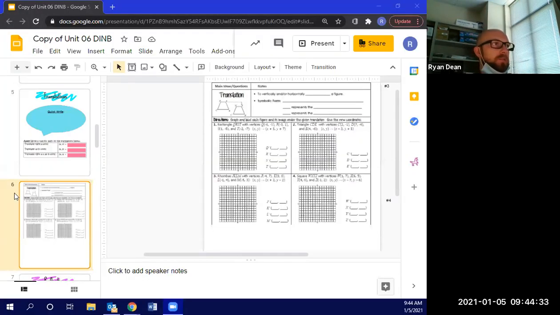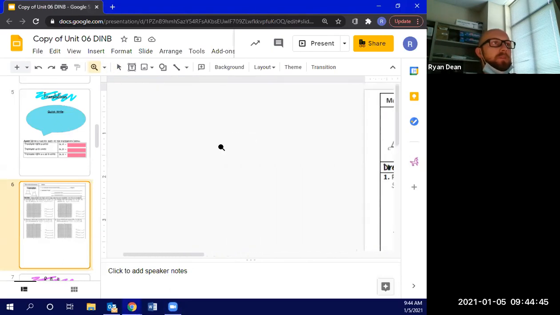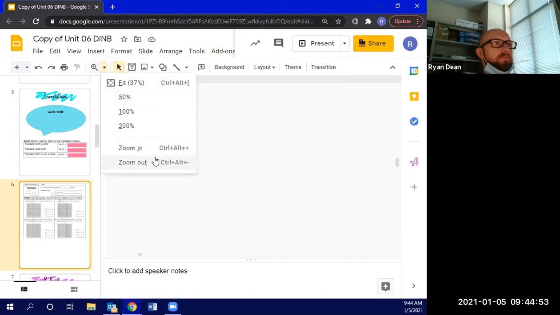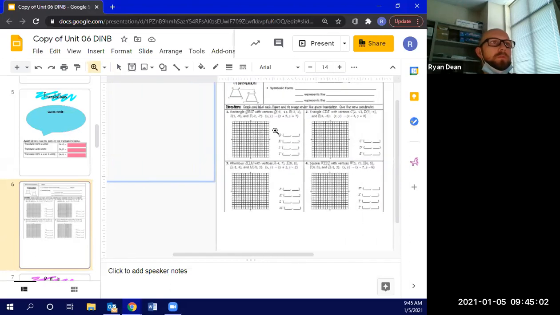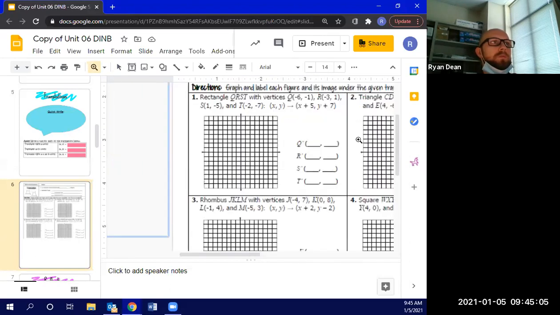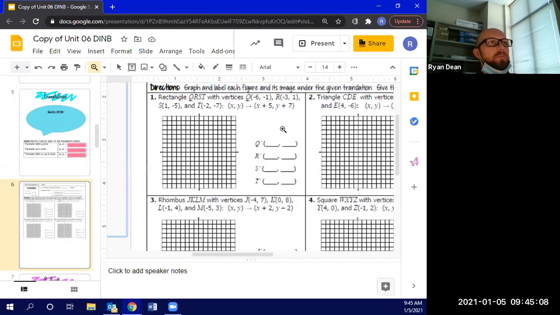All right, so now we're down here on slide 6. We're going to take a look at the mathematical ways to complete these translations. I've given you some space over here to type all your work into. There's a box for each question. What we're going to do here is talk about what all these things mean in this problem.